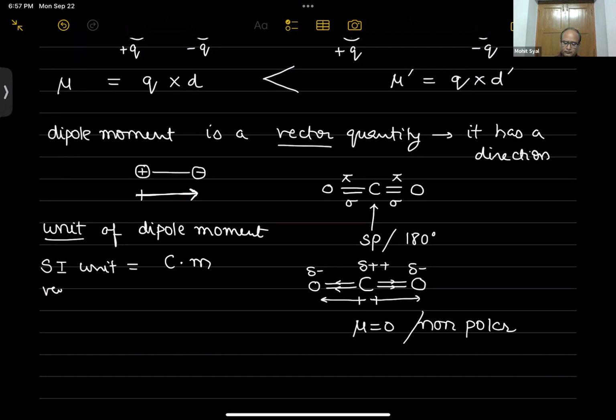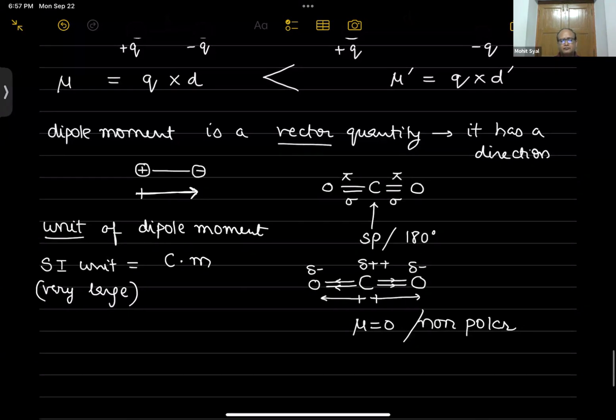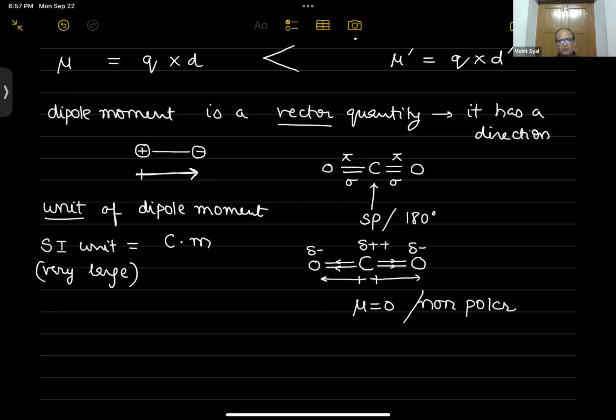Why? The coulomb is a very large unit, and you don't have molecular sizes in meters. Are you getting my point?